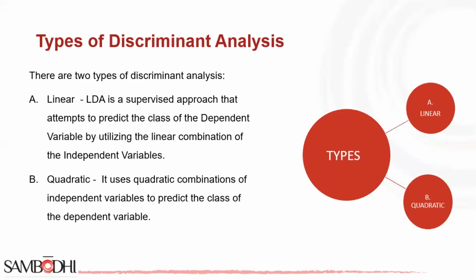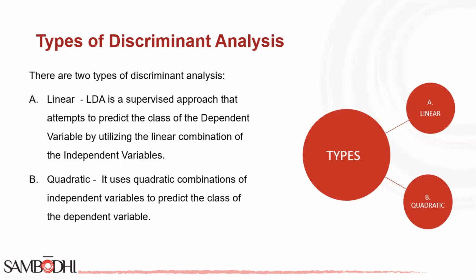Now, different types. Linear and quadratic discriminant analysis are two variants of a statistical technique known as discriminant analysis. Linear discriminant analysis, often known as LDA, is a supervised approach that attempts to predict the class of the dependent variable by using a linear combination of the independent variables.